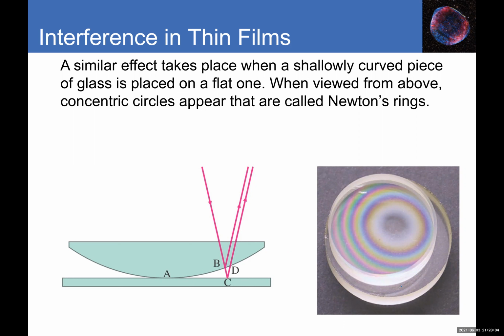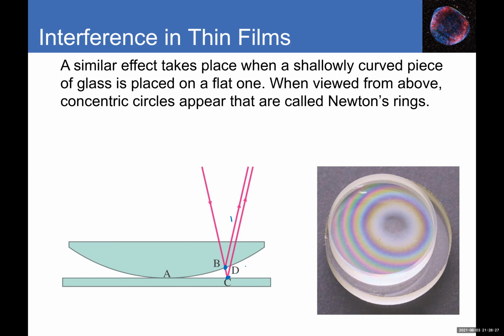If I have a ray moving like this, I get two reflections. One is right here at point B, where ray one reflects, and another is right here at point C, where this one reflects.